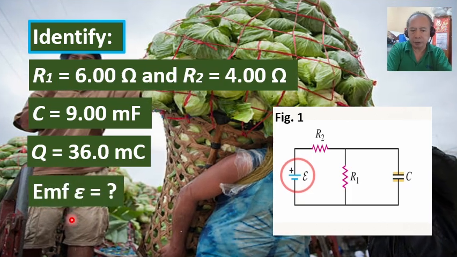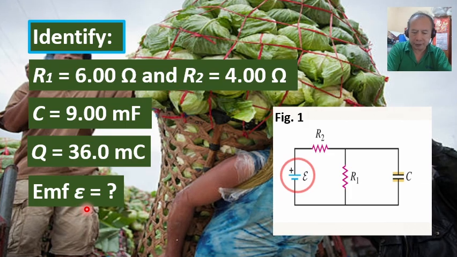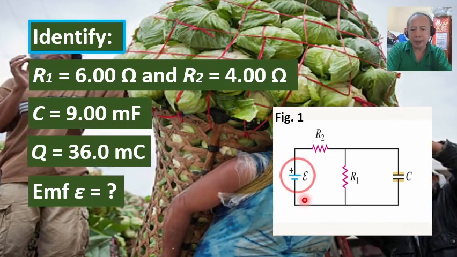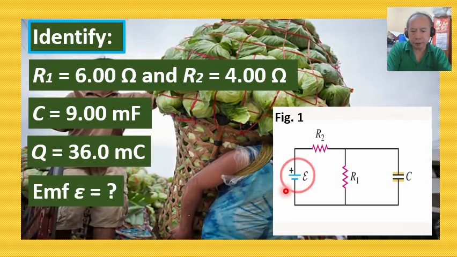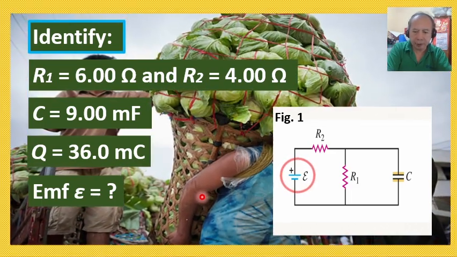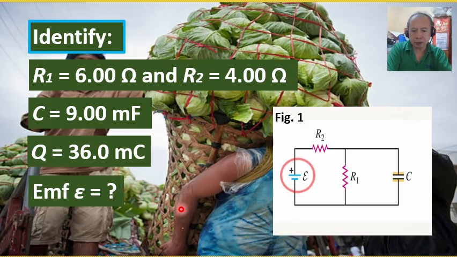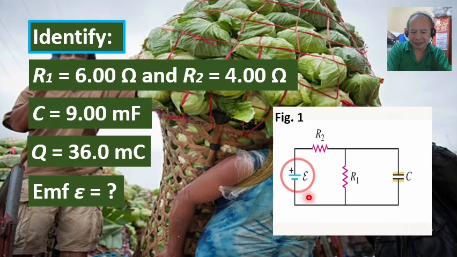And our target variable is the electromotive force, denoted by the Greek letter epsilon, of the battery, right? Or the energy source, which we assume has negligible internal resistance.